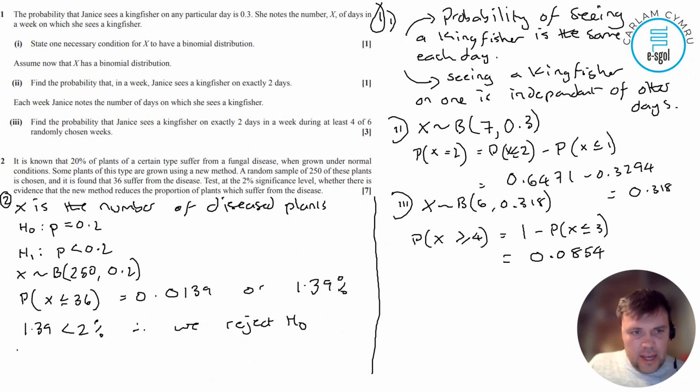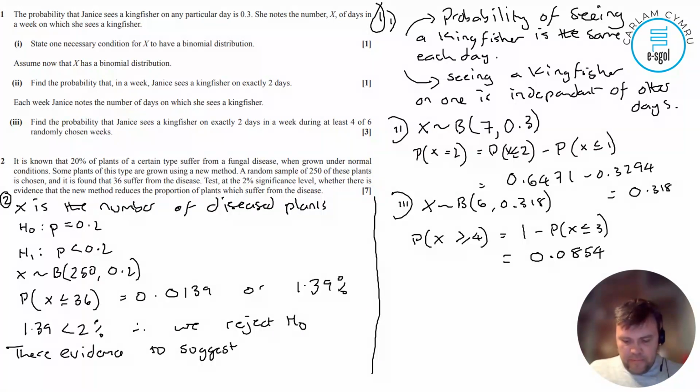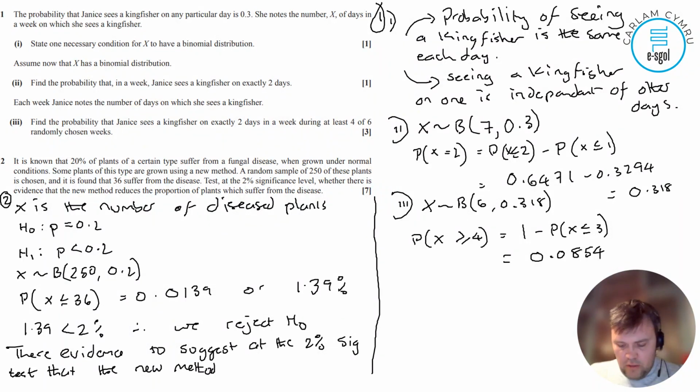So there is evidence to suggest, and I want this conclusion, at the 2% significance level, that the new method reduces the proportion of diseased plants. I'd expect you to write it in full; I've only abbreviated because I haven't got enough room.